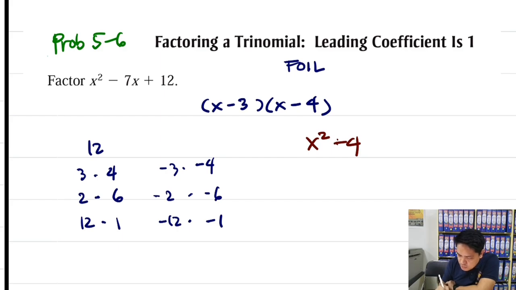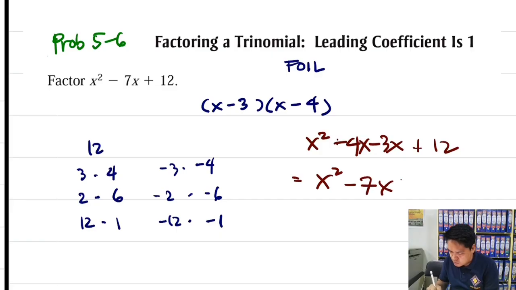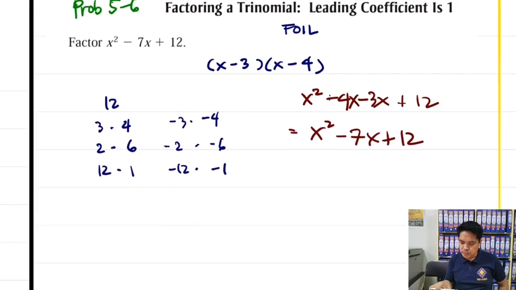Then inside, negative 3 times x, that would be negative 3x. And negative 3 times negative 4, positive 12. Okay, so that would be x squared minus 7x plus 12. Okay, that's it. Next.